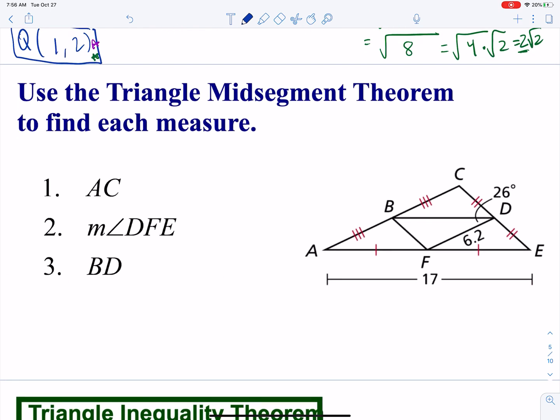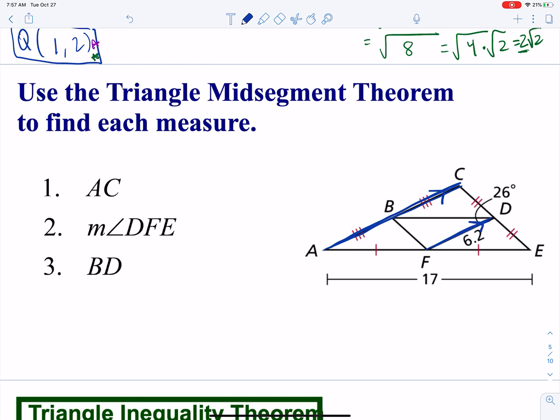Using the triangle midsegment theorem to find each measure. AC is a side of the triangle. It is parallel to FD.